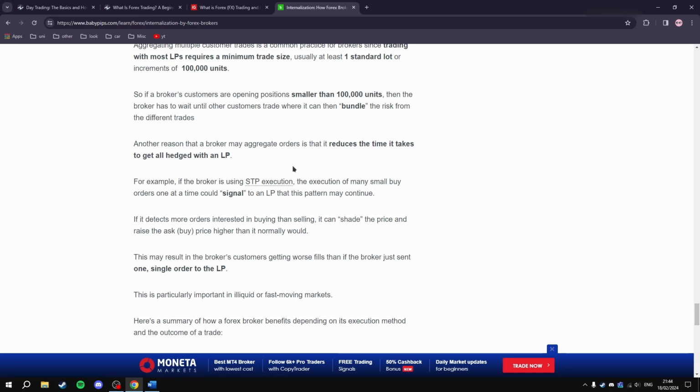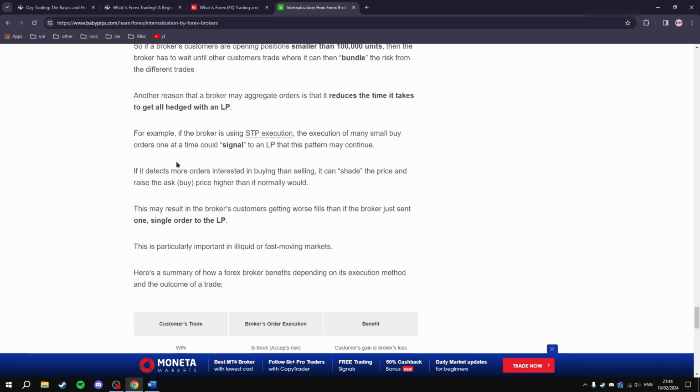Another reason that the broker may aggregate orders is that it reduces the time it takes to get all hedged with a liquidity provider. For example, if the broker is using straight-through processing execution, the execution of many small buy orders one at a time could signal to a liquidity provider that this pattern may continue. If it detects more orders interested in buying than selling, it can shade the price and raise the ask price higher than it normally would.